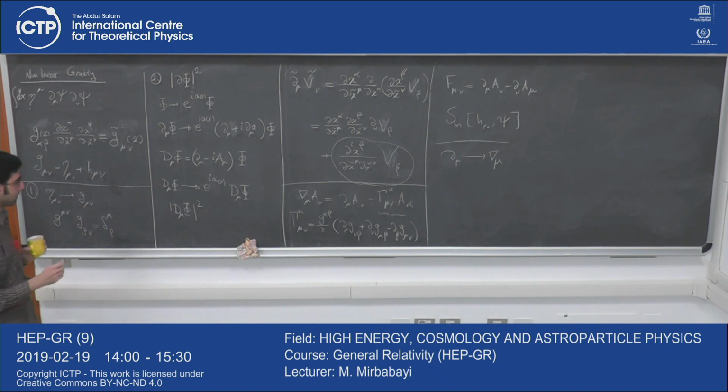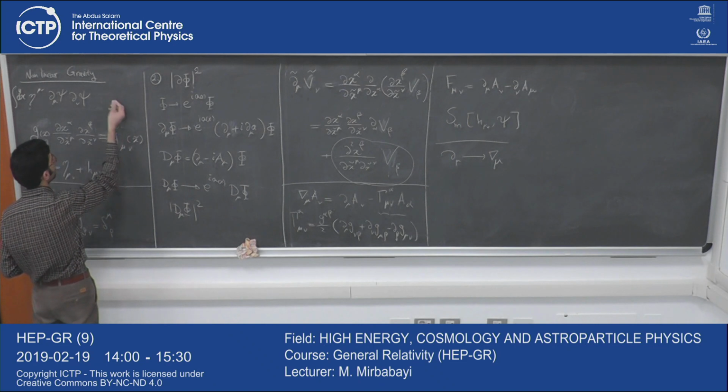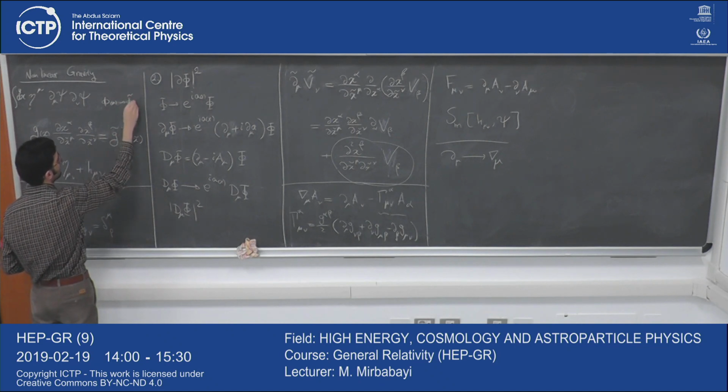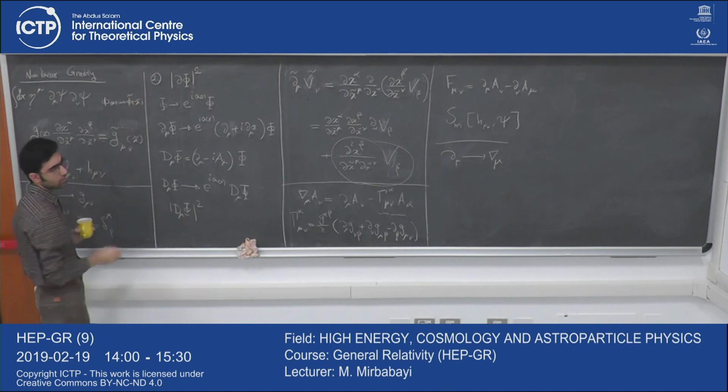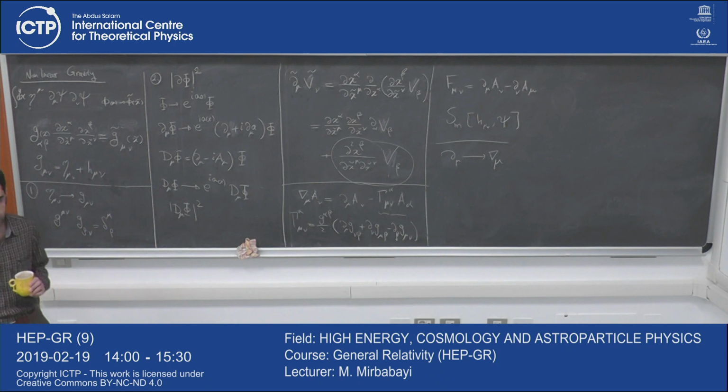The scalar field is just psi of x goes to psi tilde of x tilde, by definition of being a scalar. The field at the new coordinates is just the same as the field in the old coordinates.